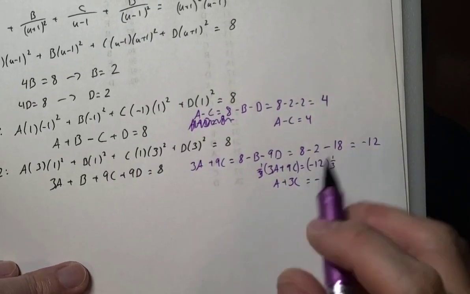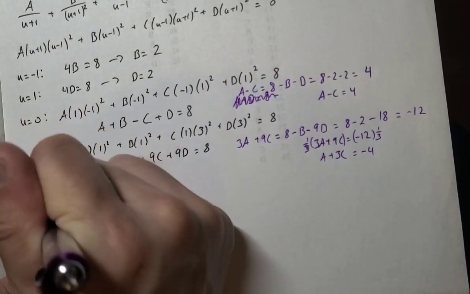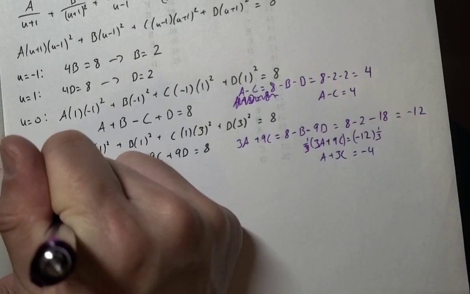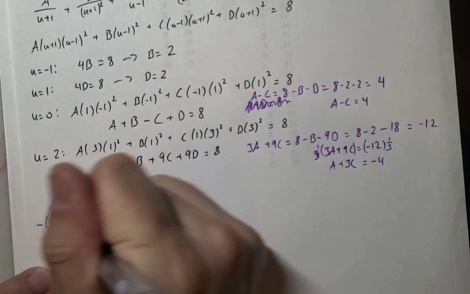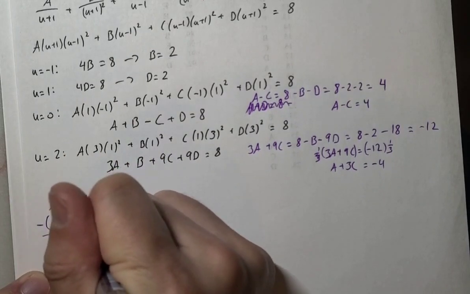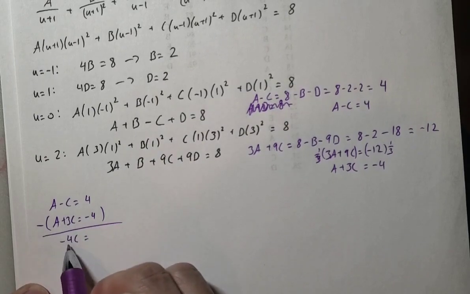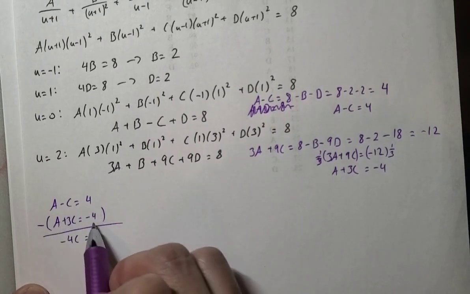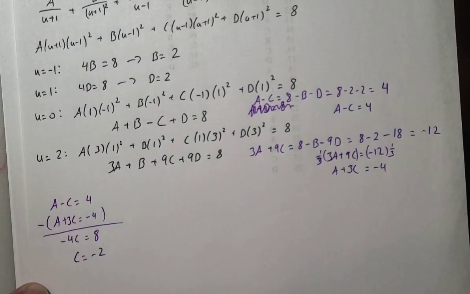Okay, so now this makes it easier. So let me do that over here now. A minus c is equal to 4. And we have a plus 3c is minus 4. Okay, so we can subtract these two rows. What do we get? We get minus 4c is equal to, because it's minus c minus 3c, so that's minus 4c. This is 4 plus 4, which is 8, so c is minus 2.